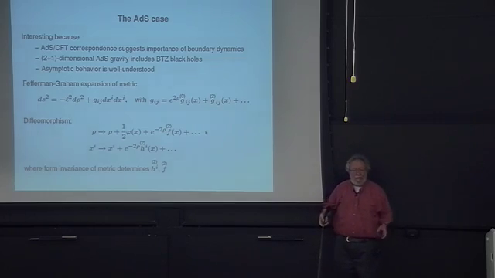And in fact, the Einstein field equations in this case can be solved exactly, and all of the terms in that expansion can be written down in terms of a finite number of free functions.